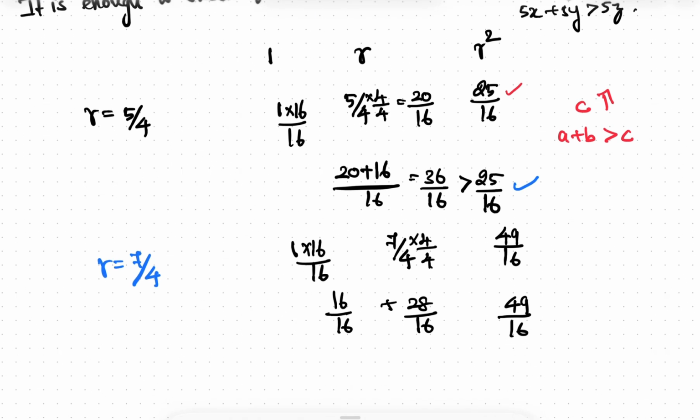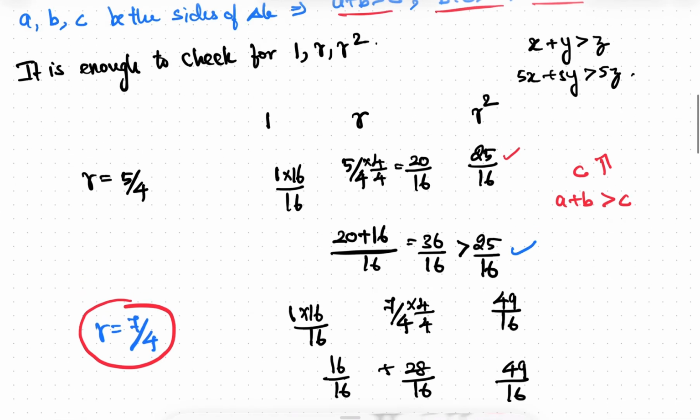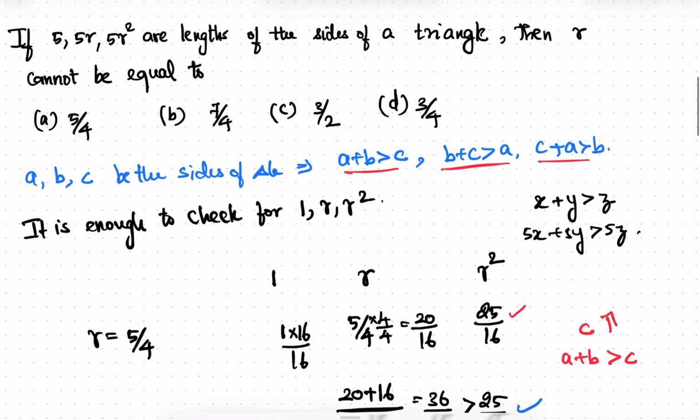So 28 plus 16 gives me 44 by 16. Is 44 by 16 greater than 49 by 16? No, right? So the inequality condition is not satisfied. So r cannot be equal to 7 by 4, and that is the answer for this particular question.